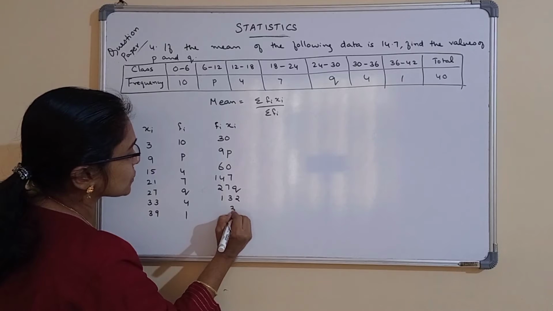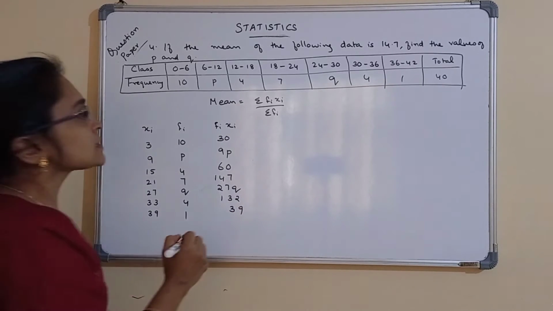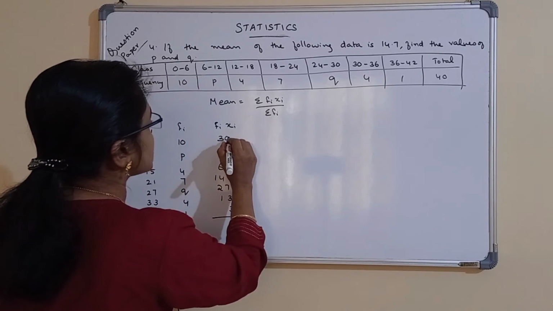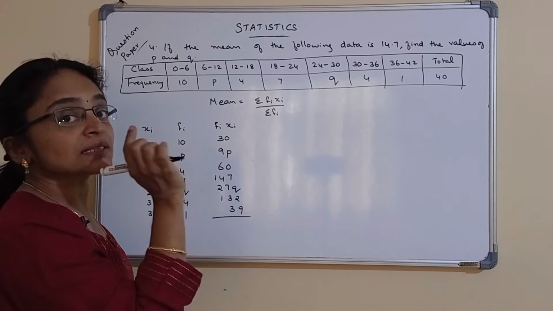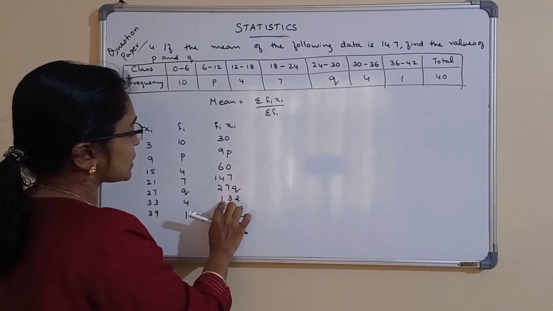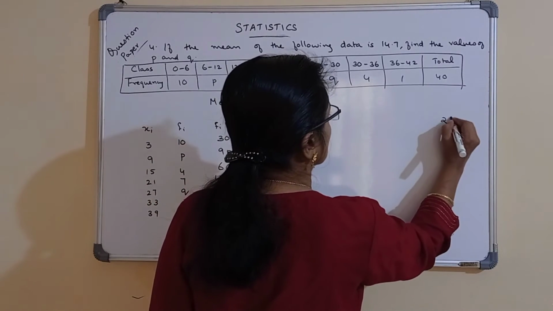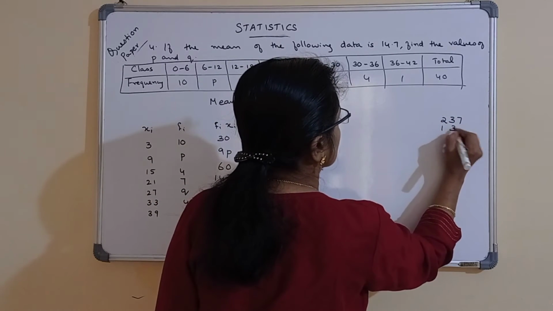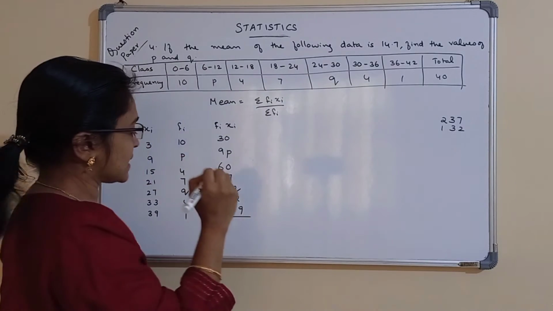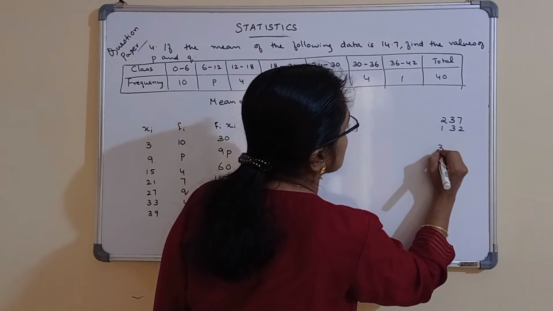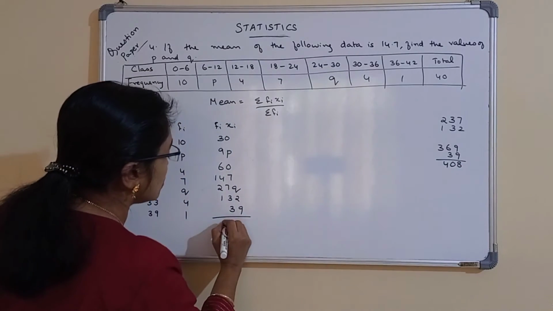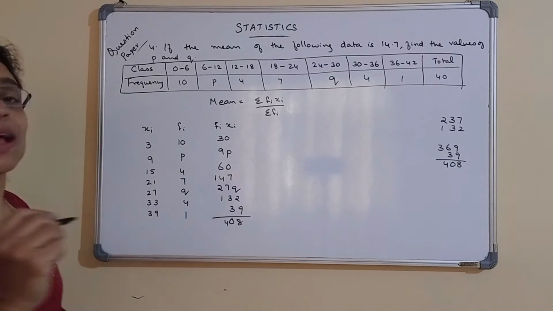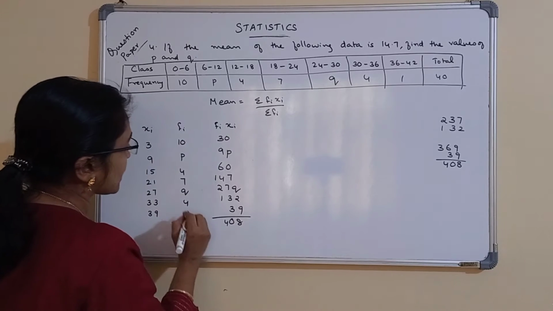And 39 into 1 is 39. So sigma Fi xi is 30 plus 60, 90. 90 plus 147 is 237. 237 plus 132 is 369. 369 plus 39 is 408. So this is 408 and now we have to calculate sigma Fi.